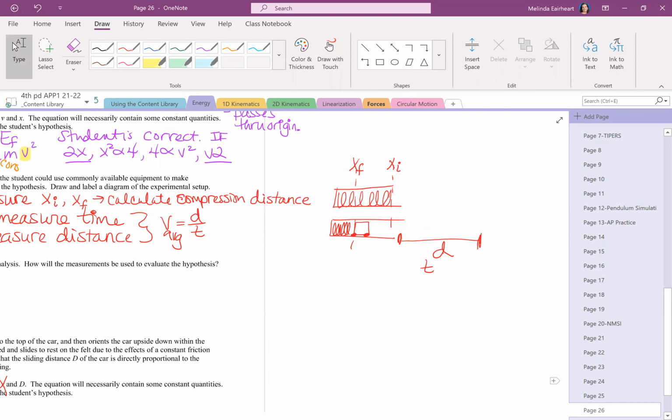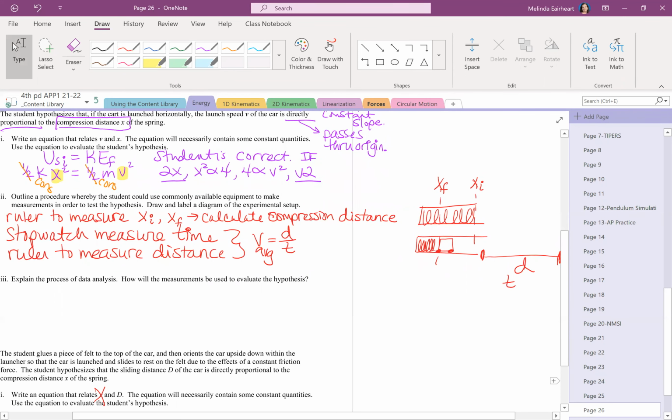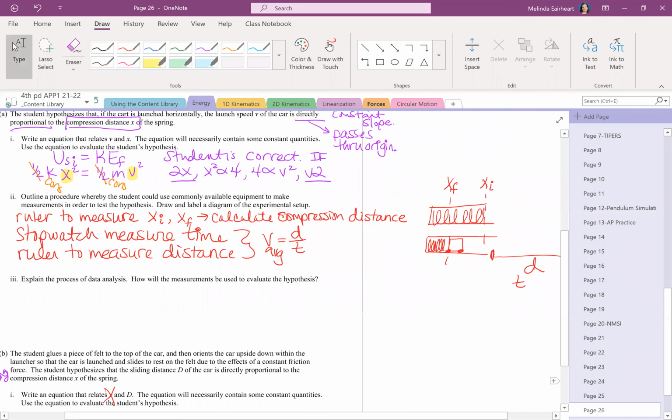Okay. Anything else to measure that might be needed? I forgot this in the last class, but we still have mass involved. It didn't cancel out. Shouldn't we measure the mass so we can continue? And so how do we measure mass as something?